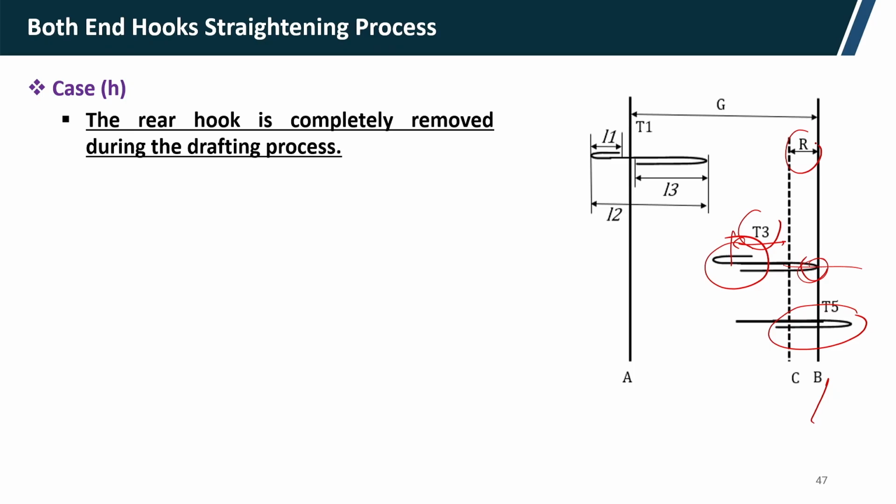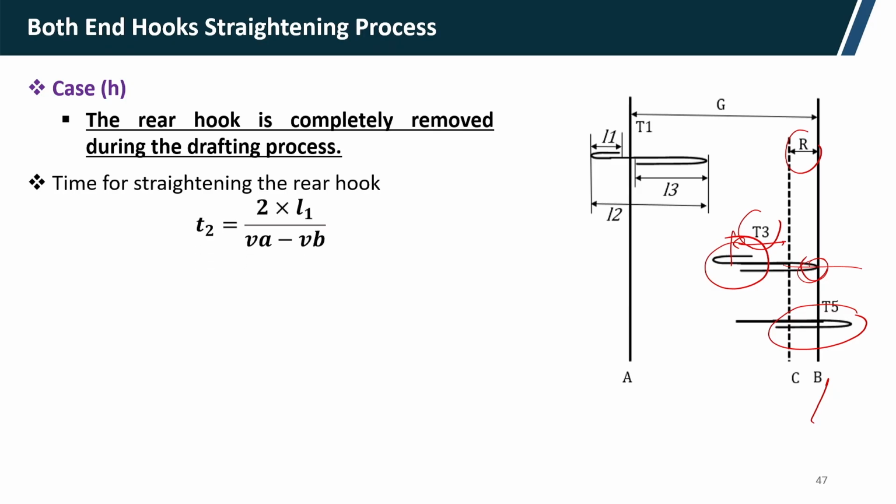So it will have sufficient time to get straightened. The time for straightening of the rear hook is given by L1 by the average difference in speed, V A minus V B by 2.